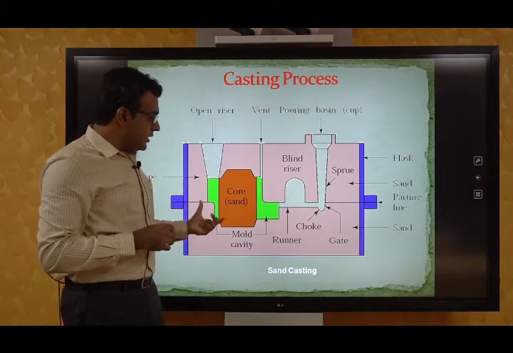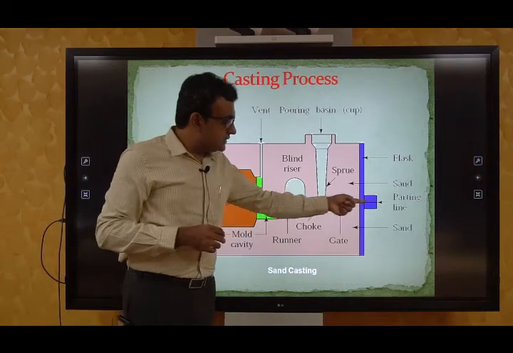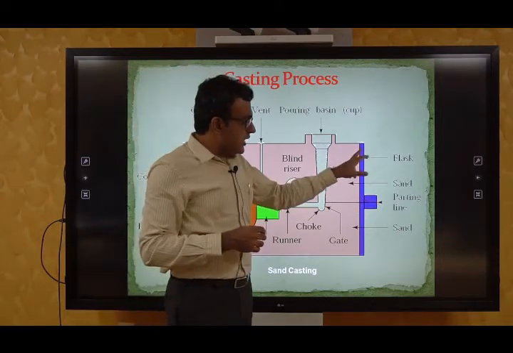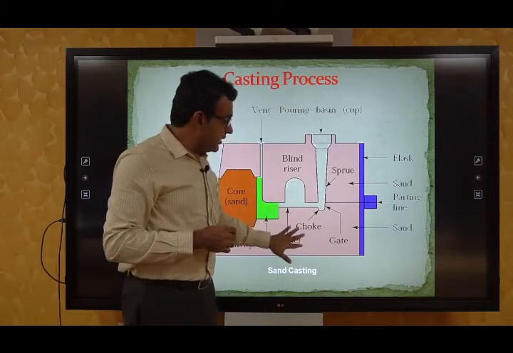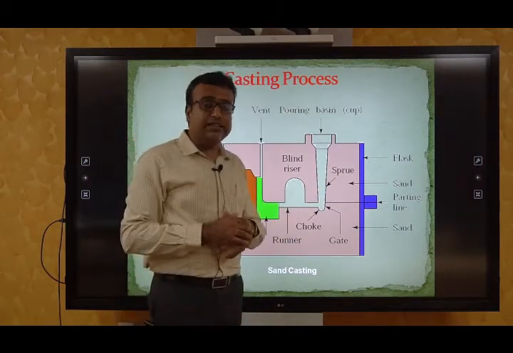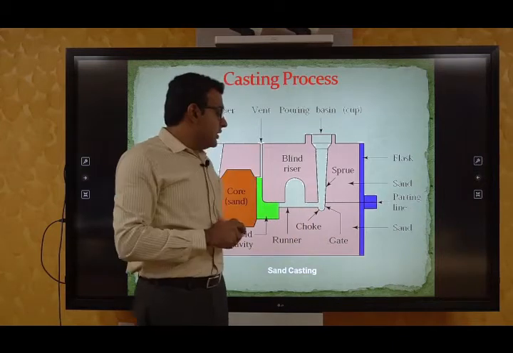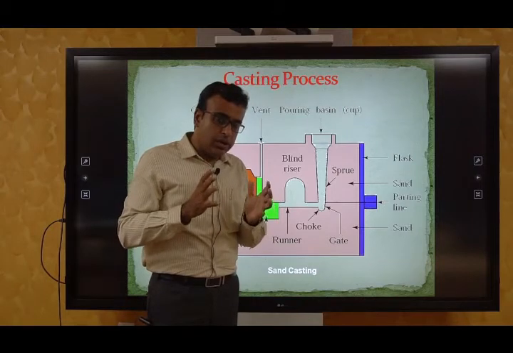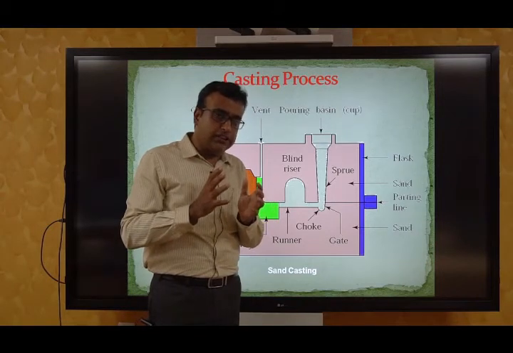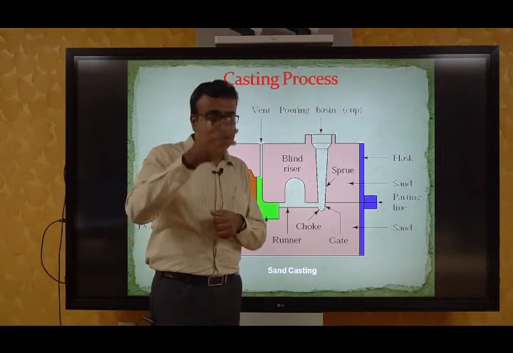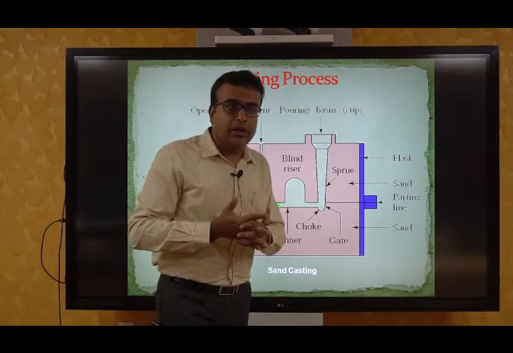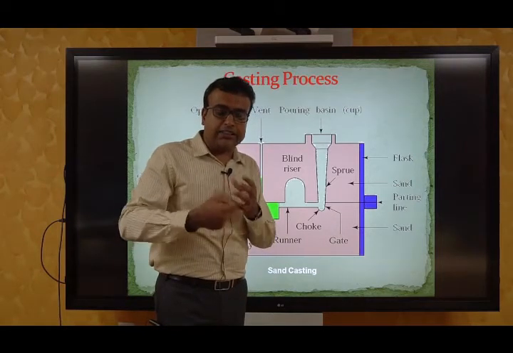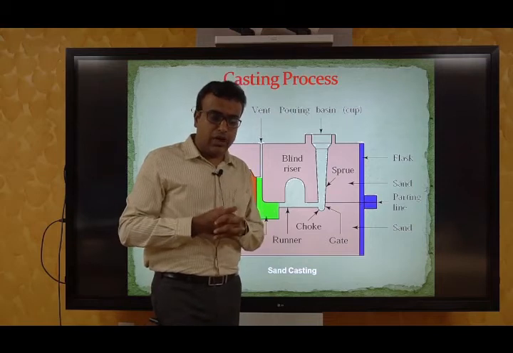Now, there is a parting, which is the joining line between these two, and the other part is all filled with green sand, a type of sand, and it is rammed and packed into a solid-like fashion, but it allows some absorption and escape of gases, which allows that sand to have that packing.